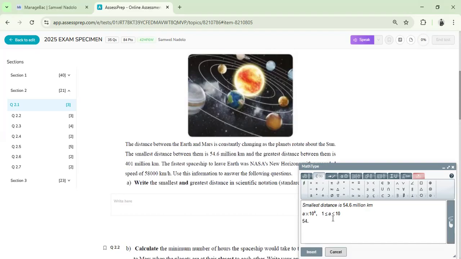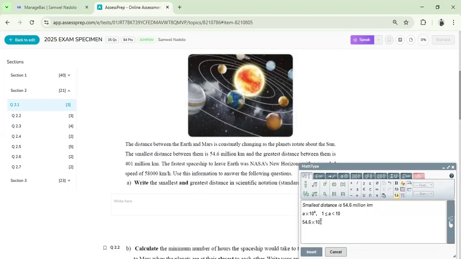54.6 million is the same as taking that number and multiplying it by 6 zeros. So if you multiply it by 6 zeros, it is the same as saying 10 raised to 6. So that is what 54.6 million is.